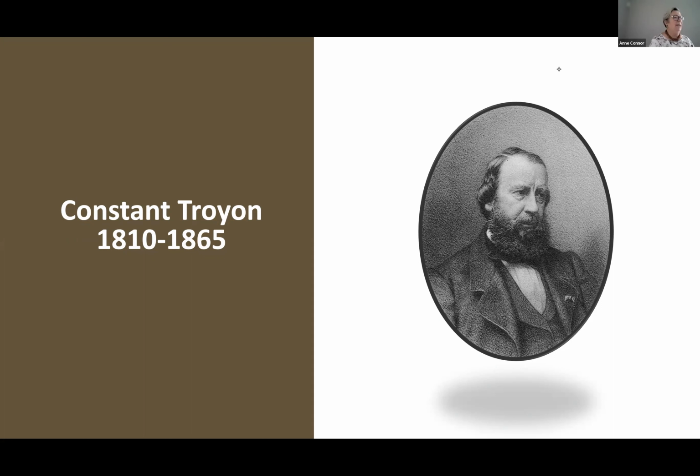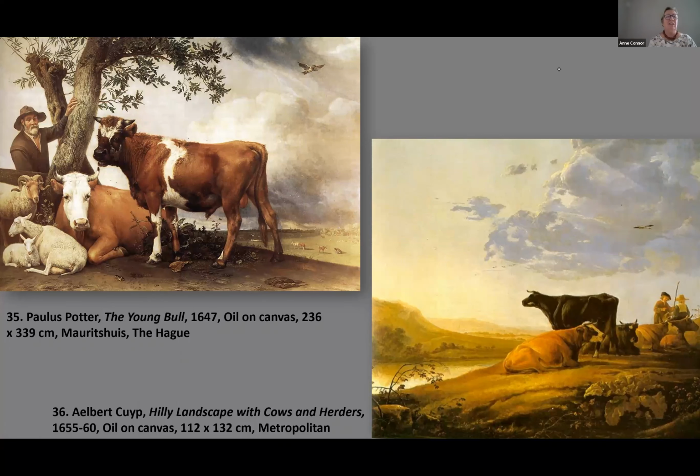He also went to the Netherlands and saw paintings by Dutch painters, particularly painters such as Paulus Potter, who painted the famous young bull that has quite a story, and Albert Cuyp. We have to remember that the revolutionary troops in the early 1790s went to Belgium and the Netherlands and looted a lot of paintings and brought them back to Paris.